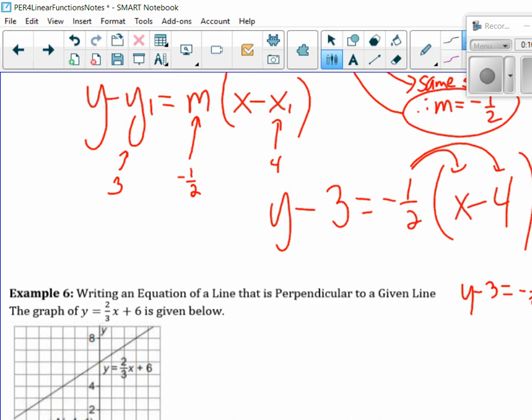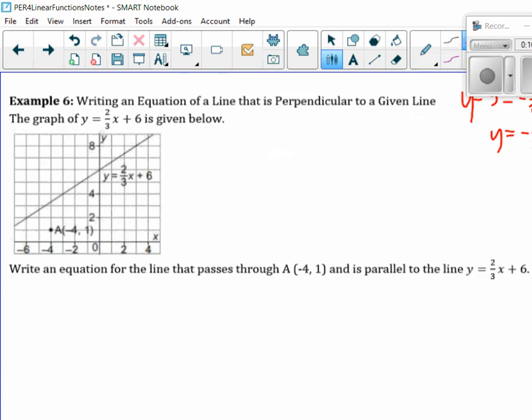Move the 3 over, I get y equals negative 1/2 x plus 5. So the people that did that, that was the correct answer if you were putting it into slope-intercept form. But when you multiplied it in, some of you made a mistake. So again, I would stop right here. It doesn't ask you to do anything else.